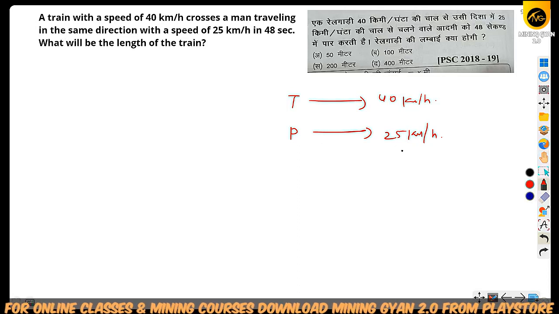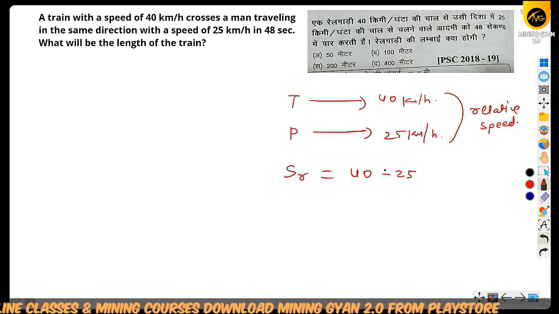Okay, 40 km per hour is the speed of the train, and the speed of that person is 25 km per hour. So always remember, in this case we have to find the relative speed. Relative speed SR is equal to 40 minus 25. I always use the minus sign to find the relative speed if the direction is the same.